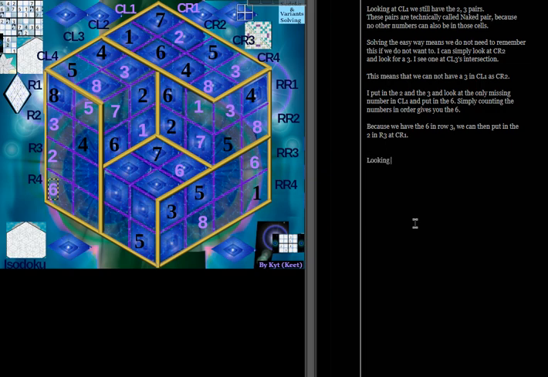Now looking at this region, the CR1 and CR2 region at the bottom, we need a 1 and a 7.